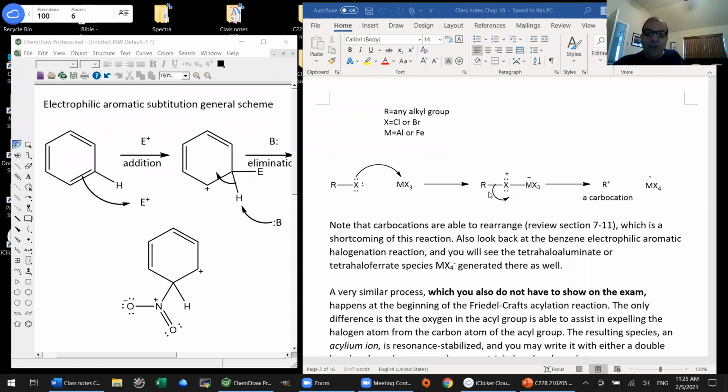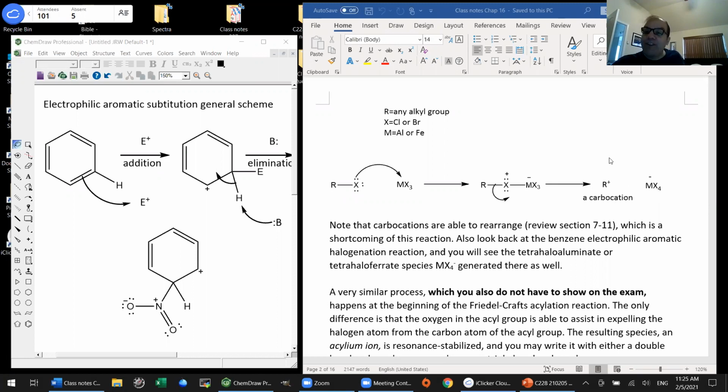At first, we form one of these funny -ate complexes, as we call them, as in ferrate or aluminate. But we form one of these metal complexes of this type, and then the carbon-halogen bond breaks and you get a carbocation.